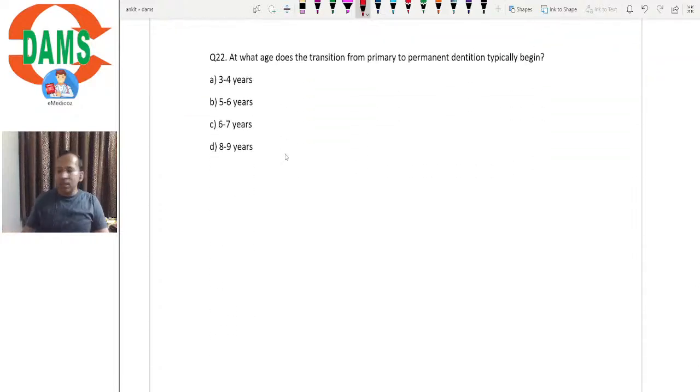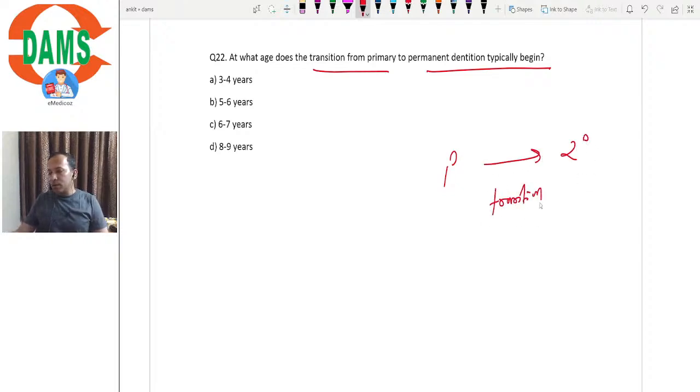So next question, at what age does the transition from primary to permanent dentition typically begin? तो primary से permanent में transition begins at what age? So don't you think that the transition would begin with the eruption of the first permanent molar?